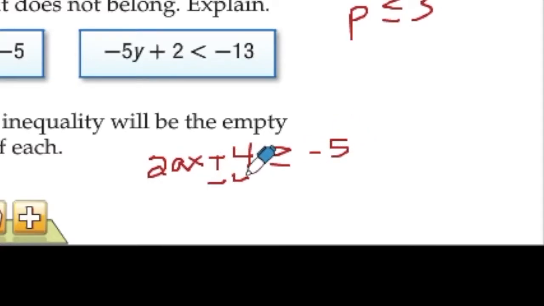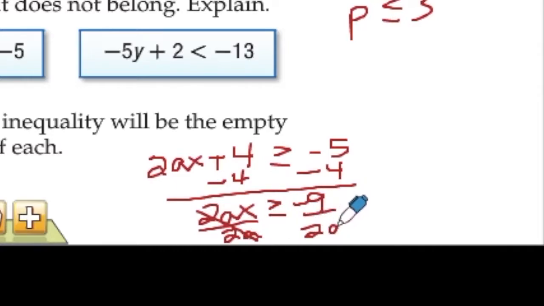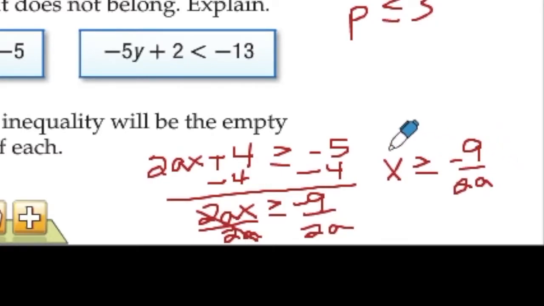I'm going to subtract 4 from both sides, and I get 2ax is greater than or equal to negative 9. Remember here that I'm trying to isolate the x, and so if I divide by 2a on both sides, I get x is greater than or equal to negative 9 over 2a.